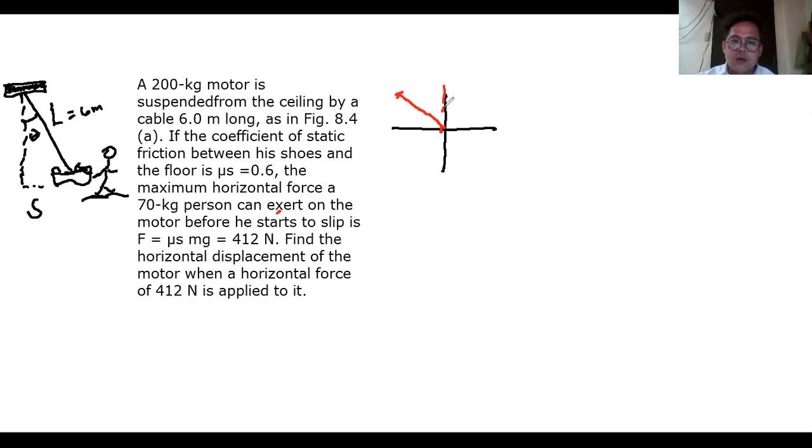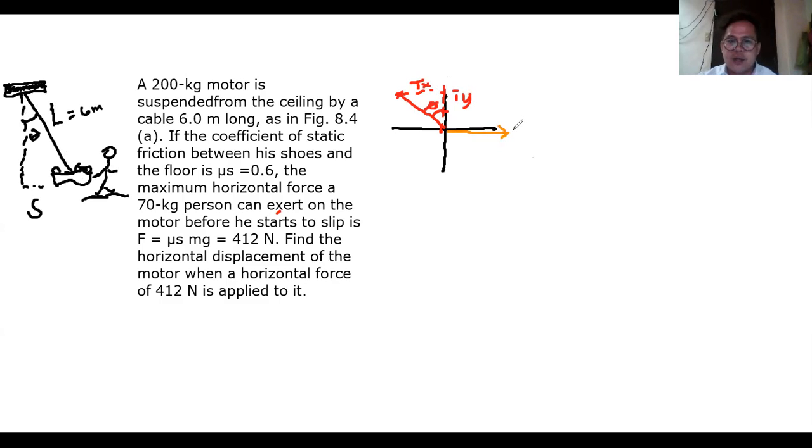So this one here is your tension X, and this is your tension Y, because your angle is right over here. So this angle will be equal to this angle here. The tension X is right over here and tension Y is right over here. Next we have the force the man applied on it, which is equal to 412.